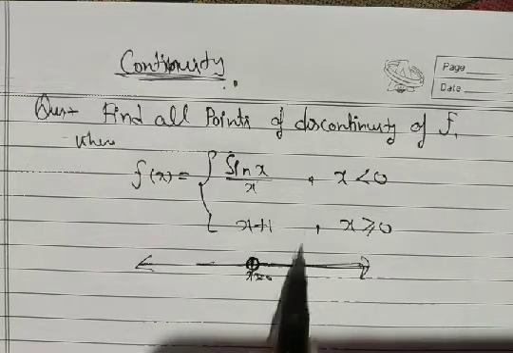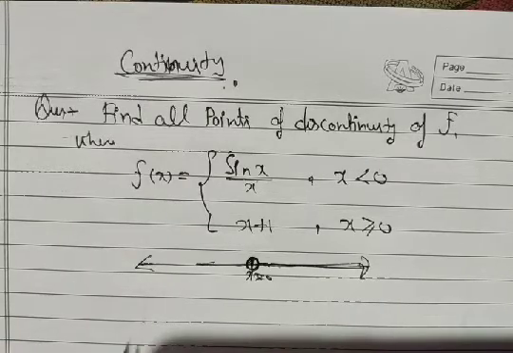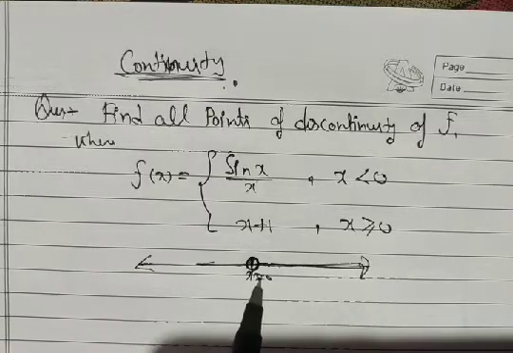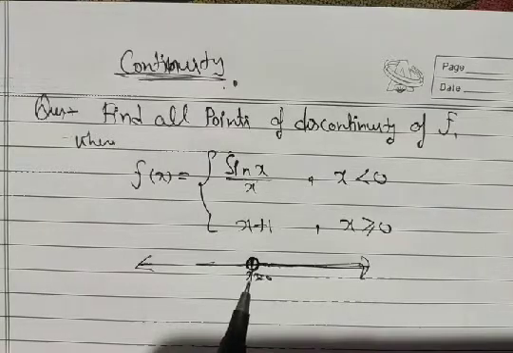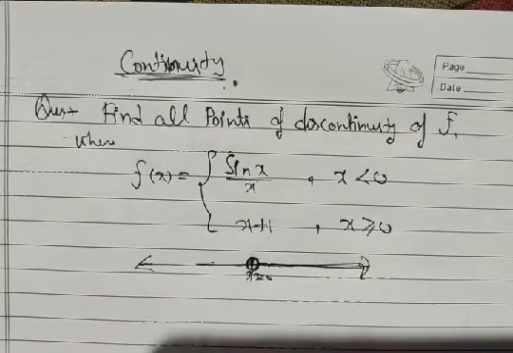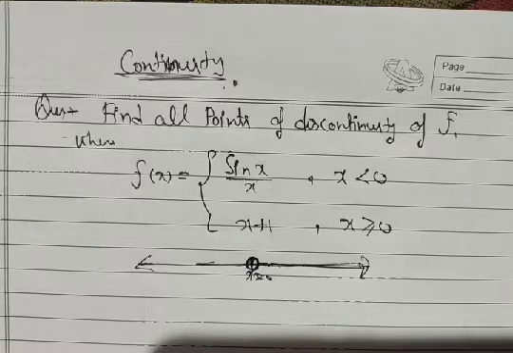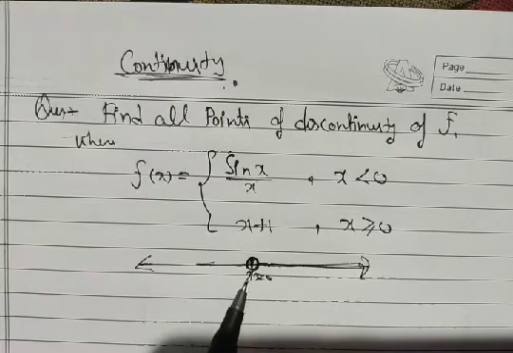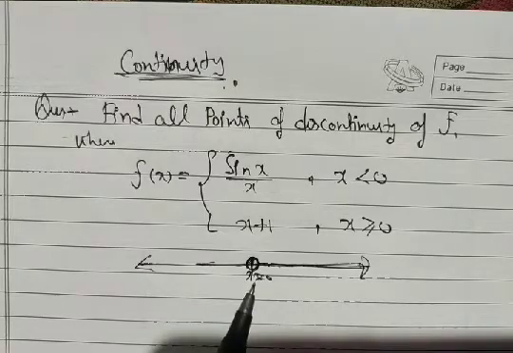Now we have to check whether there is any gap or break at x equal to 0. If we find that at x equal to 0 it is continuous, then there is no point of discontinuity. If at x equal to 0 it is not continuous, then x equal to 0 is a point of discontinuity.